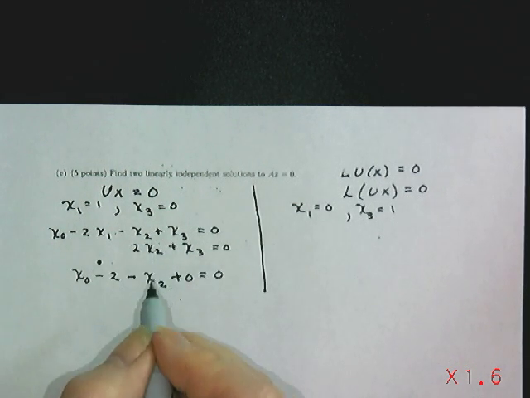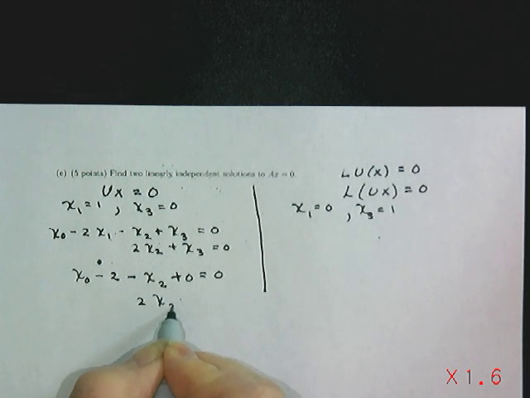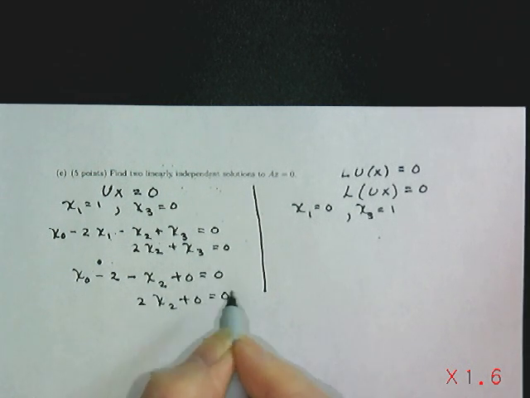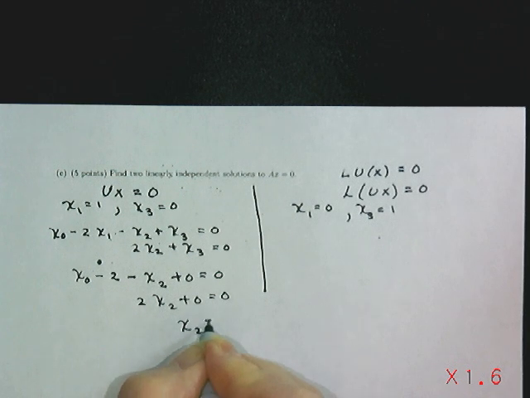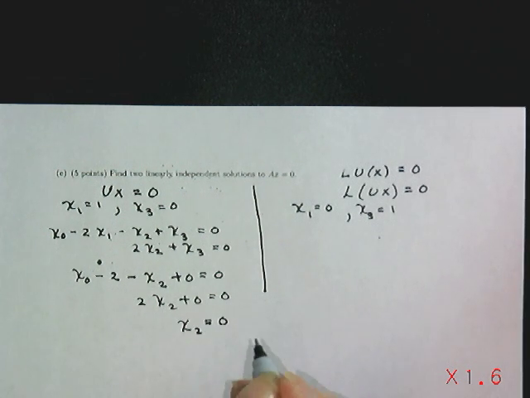We also would have that 2 chi2 plus 0 would have to be equal to 0, which means chi2 would have to be equal to 0.